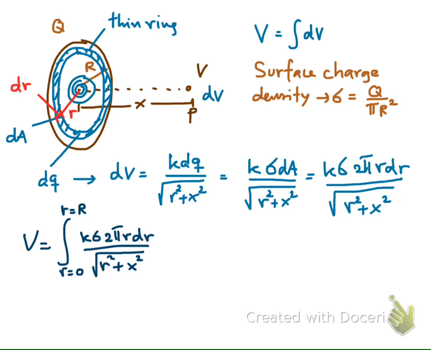You can see that k and 2 pi are constants. Sigma is also a constant because in this case we assume the uniform charge distribution.